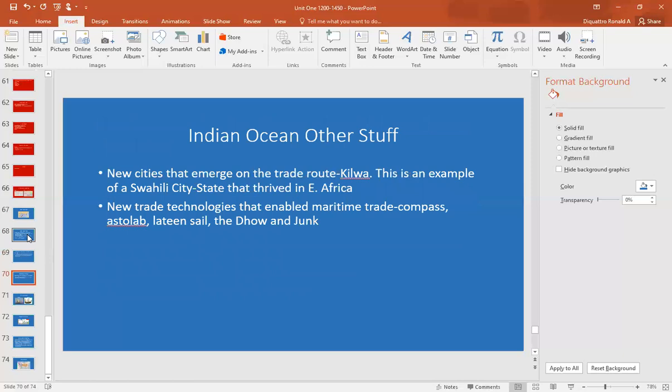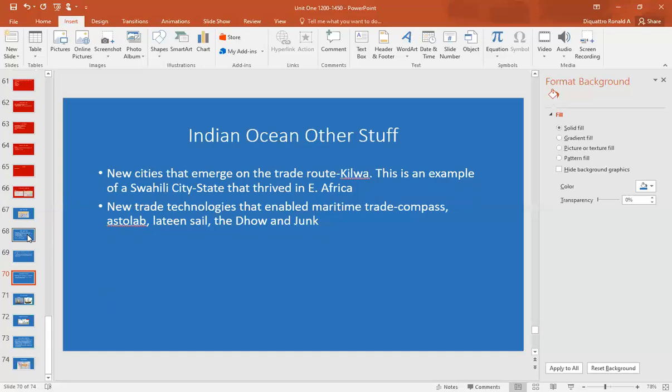Some random stuff we need. We've talked about Kilwa. This is an example of a Swahili city-state that thrived in East Africa. Just like with the land-based trade routes, sea-based technologies will be created that will help facilitate trade. These include the compass, the astrolabe.